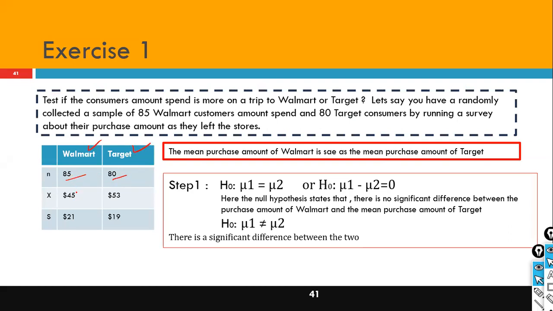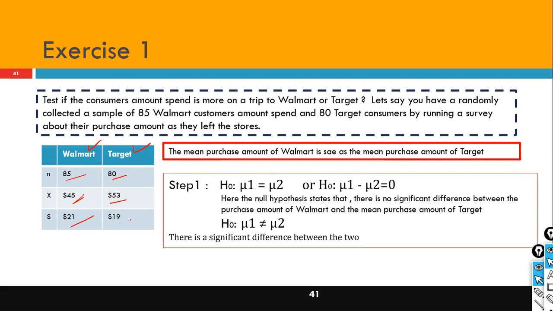And while talking to them, they note down each and every customer's average amount spent. So the Walmart customers, when we ran a survey with 85 customers randomly, we could understand the average spend by a customer was $45 in a year in Walmart, and similarly in Target $53.